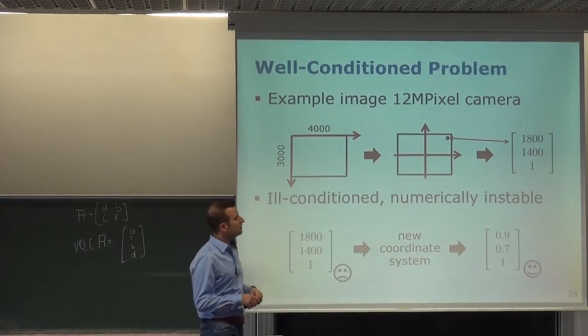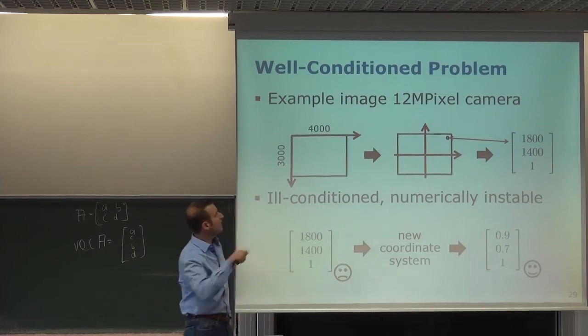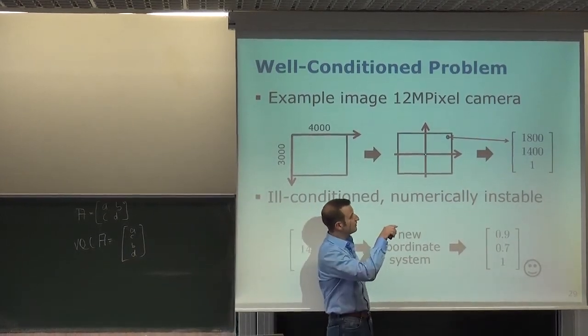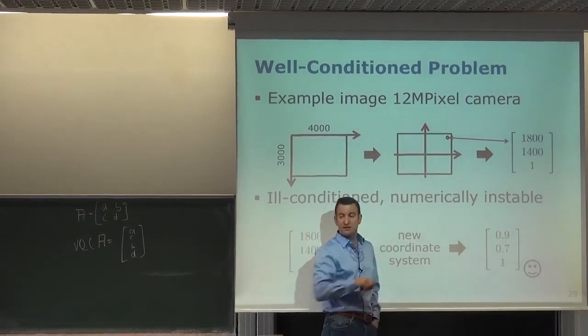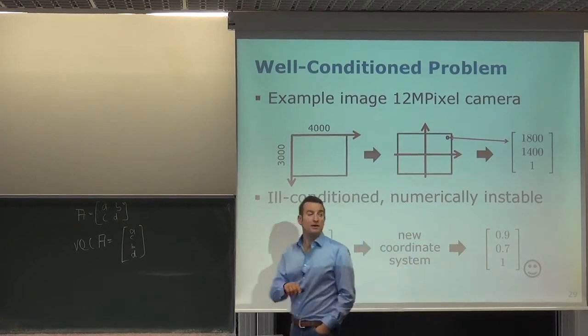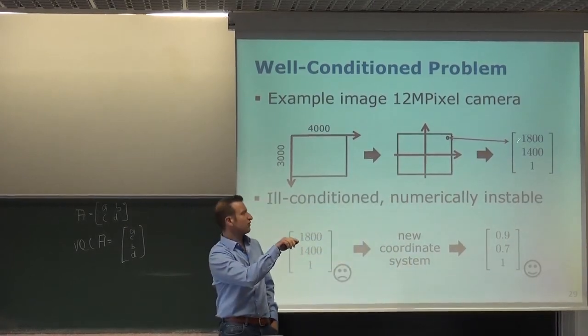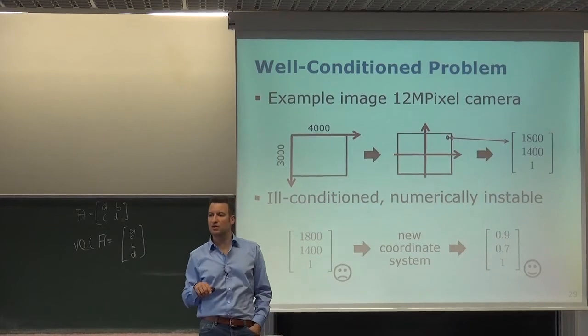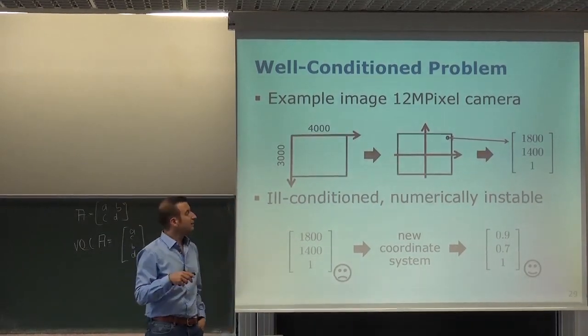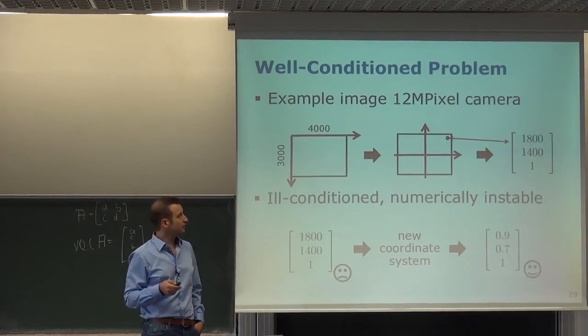We are working with these homogeneous coordinates, so if you have an image, let's say 3,000 by 4,000 pixels, and I center the 0 around here, taking this pixel here into account would give me this vector over here. You can see already from this vector that you have some values which are rather large and some values that are rather small, which typically leads to a high condition number and a badly conditioned or ill-conditioned problem.